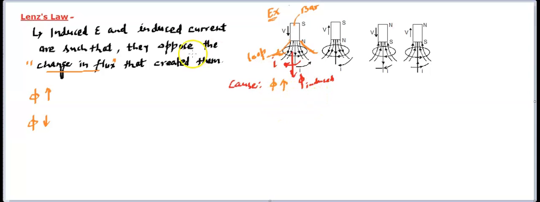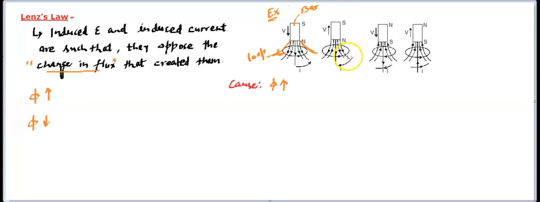But we don't want it to increase further, rather we want it to oppose. Hence this direction of current is not acceptable, and the direction that we taught earlier is acceptable. Alright.